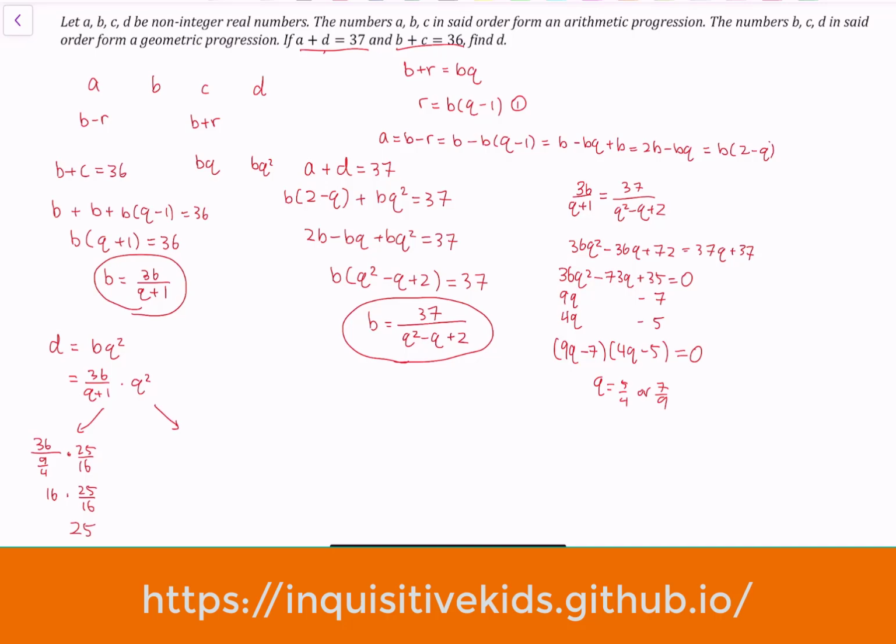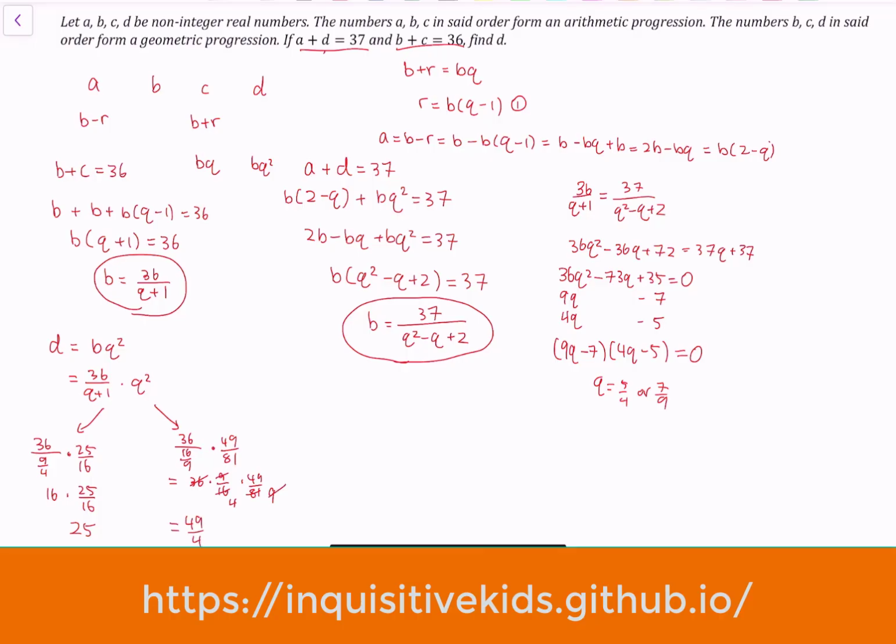And if q is equal to 7/9, we get 36 over 16/9 times 49/81. This is the same thing as 36 times 9 over 16 times 49/81. We are left with 49 over 4 for d.